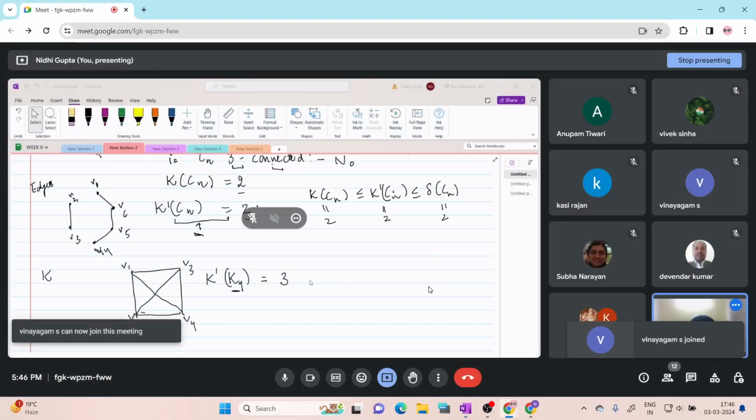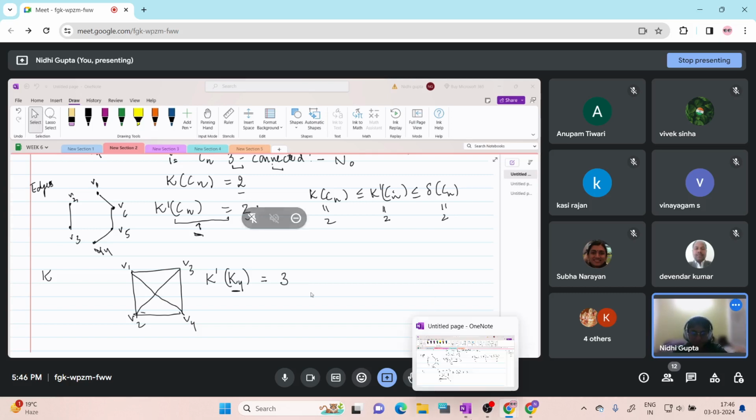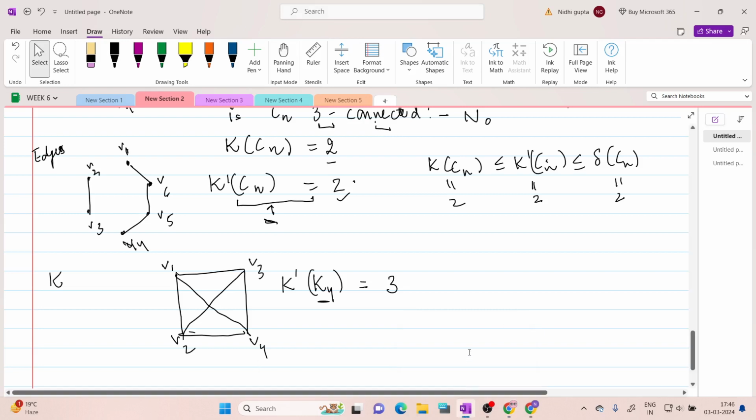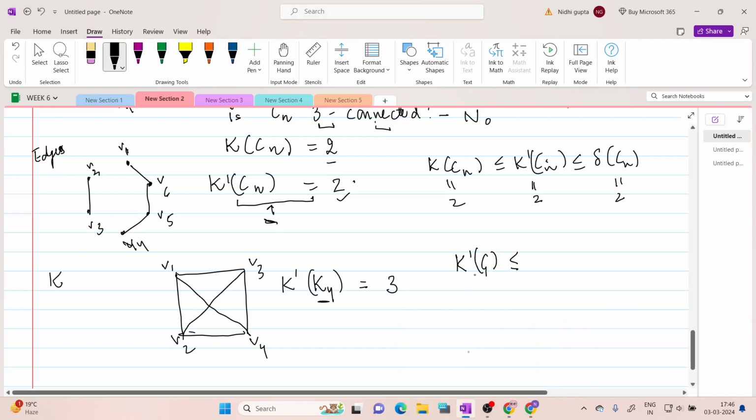We already saw that edge connectivity for Kn was coming out to be n minus 1. In particular for K4 it was coming out to be 3. That means if we remove 3 edges, then this graph becomes disconnected. So what are the 3 edges which make this graph disconnected? Hint: how do we prove that edge connectivity is less than or equal to minimum degree?